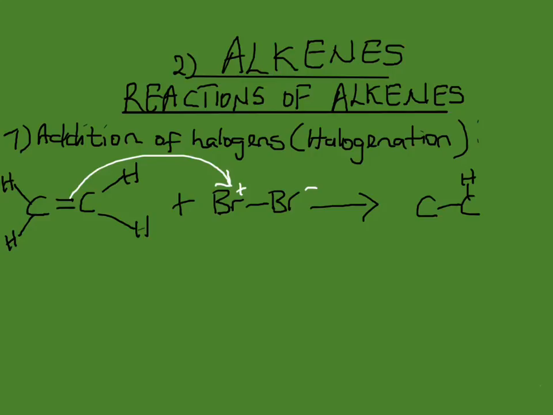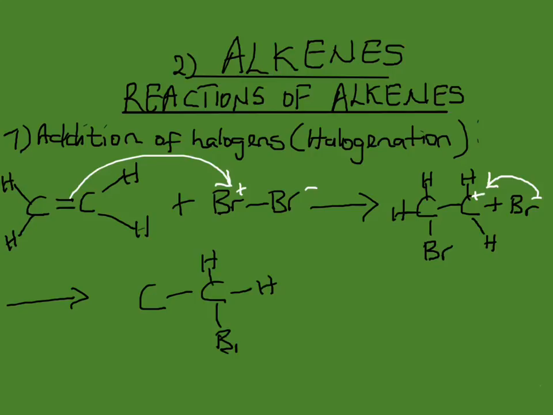Therefore, we find our arrow moving from the double bond of ethene to the positive bromine, and it is going to yield us, at the end of the day, 1,2-dibromoethane.